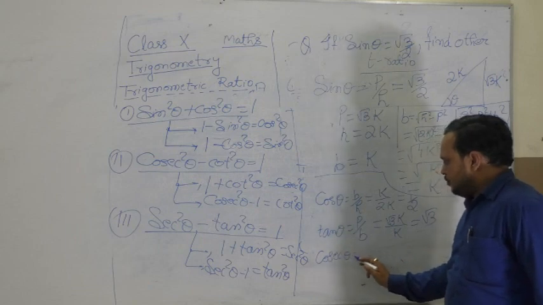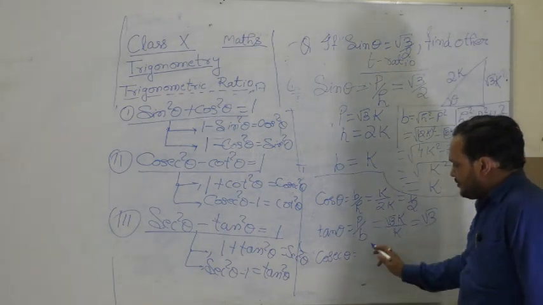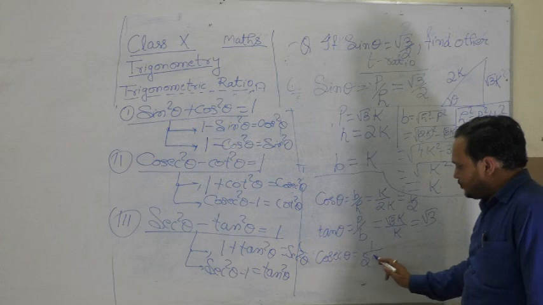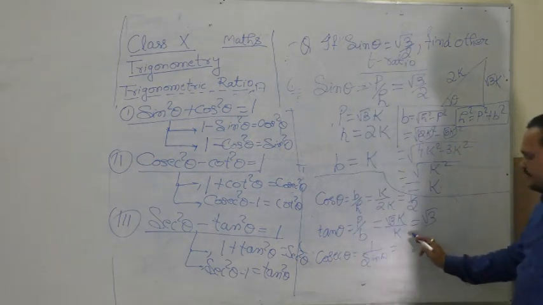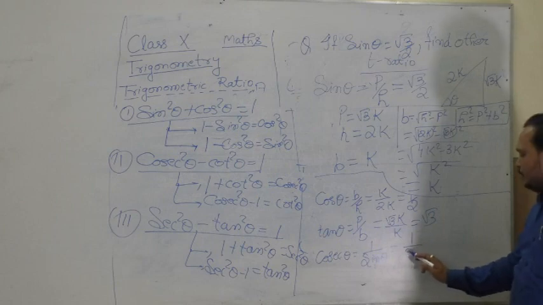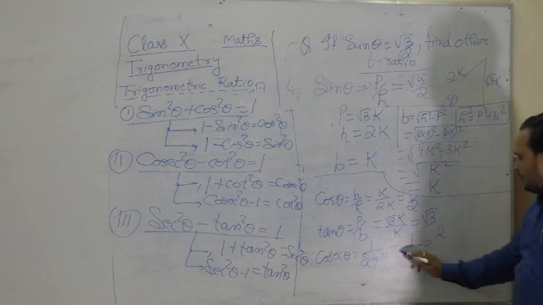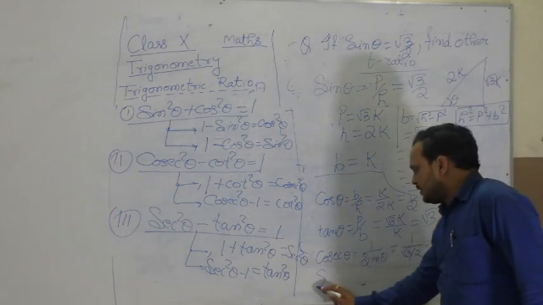Now come to cosec theta. By using the relation between cosec theta and sin theta, you know the value of cosec theta is the reciprocal of sin theta. So you can write it as 1 by sin theta, which is 1 by root 3 by 2, and it becomes 2 by root 3. Now come to sec theta.